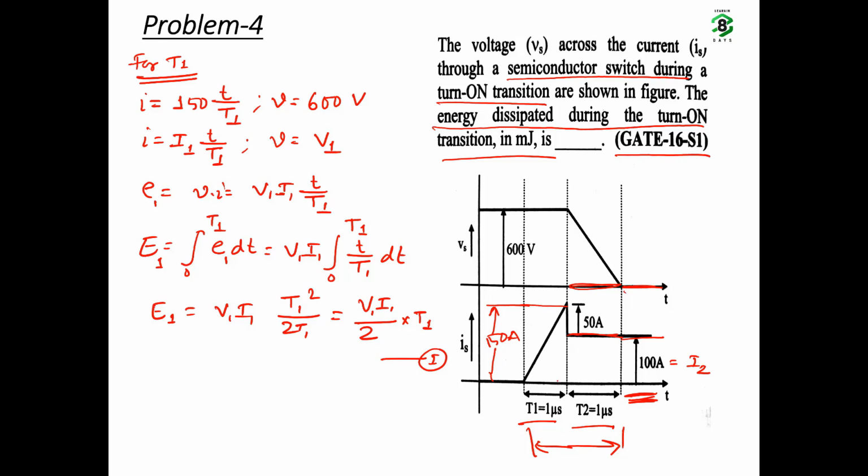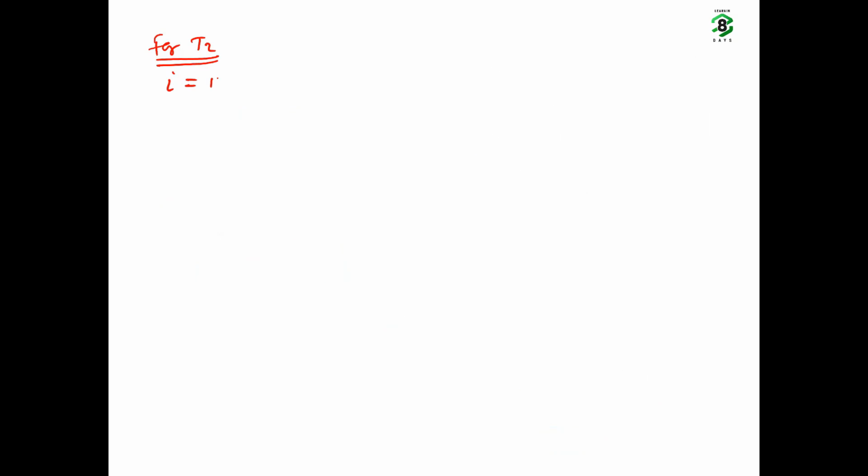Similarly, when we calculated for duration T1, we considered this point as origin. For T2, we will consider this point as origin. This is the origin for T2 and this is the origin for T1. So current I is constant at I2, and voltage is decreasing, that is V1, which we considered as 600 volt, times 1 minus t by T2.